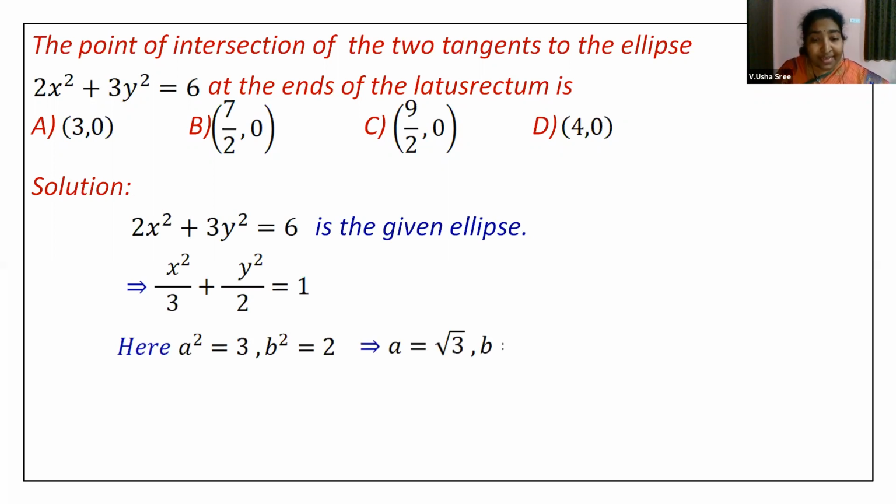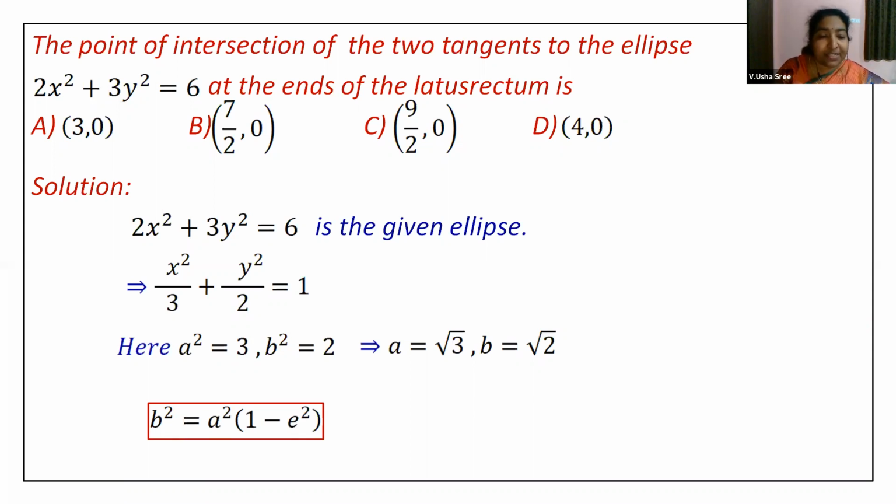This implies a is root 3 and b is root 2. Clearly root 3 is a bigger value than root 2. Then b square is nothing but a square into 1 minus e square. This also you know. From this you can calculate e square. e can be taken as 1 by root 3. You can simplify it and check it out.